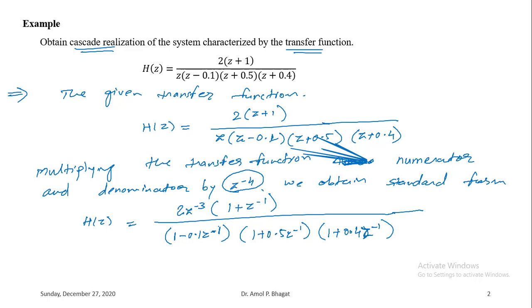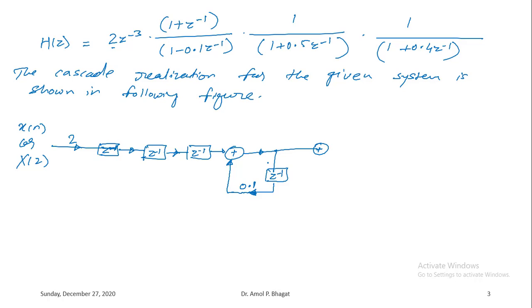For this numerator, it will be simply the coefficient 1, right? So here you have 1 and that will be added here. Okay, so here we have obtained the direct form 2 realization.